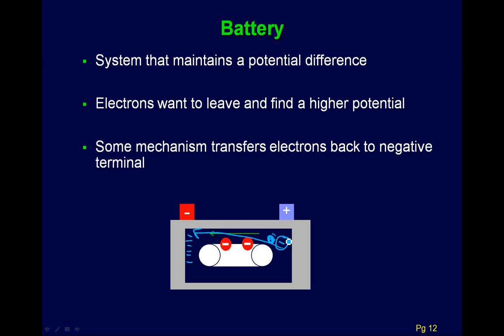So you have a bunch of negatives here, a bunch of leftover positives here, and if you were to connect a wire between the two, you have these electrons that are really excited to go through the wire and get to the other side. That's the idea of a battery. And if you do hook up this battery and it does use electrons, the battery has this conveyor belt to move the electrons back over. Again, that's generally done with chemical reactions, but it's a nice little picture to think about the conveyor belt there.